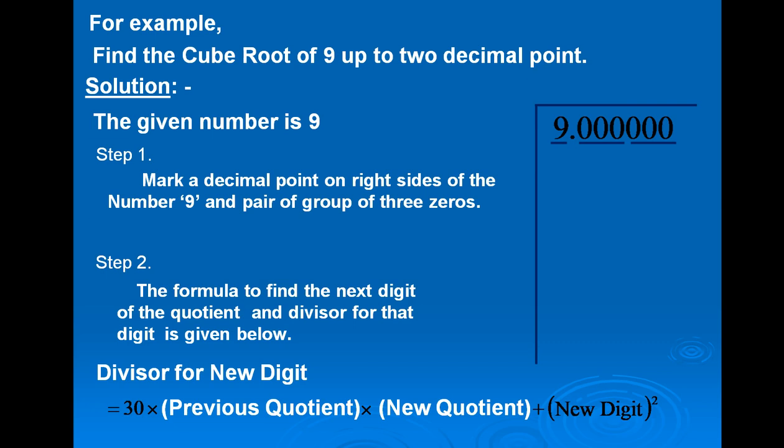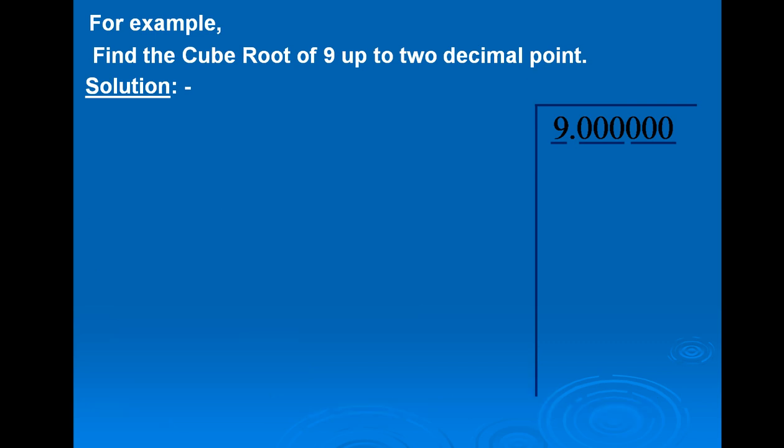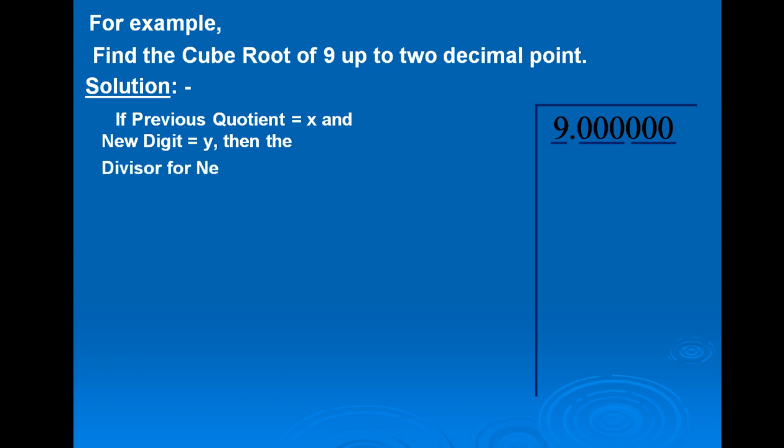If previous quotient is x and new digit is y, then the divisor for the new digit is equal to 30 multiplied by x, multiplied by xy, which is the new quotient, plus y square, that is the square of the new digit.